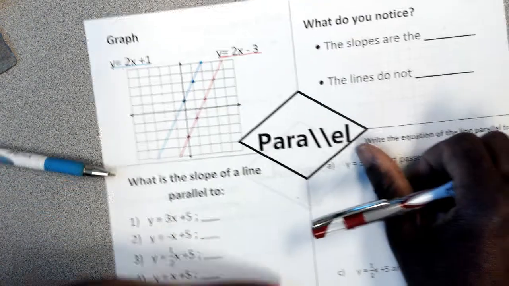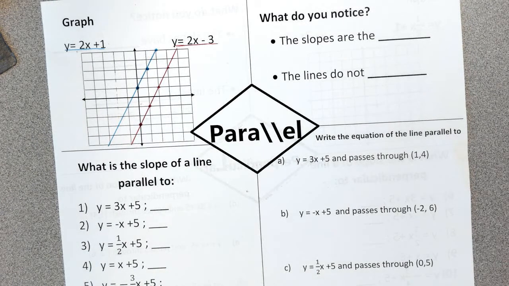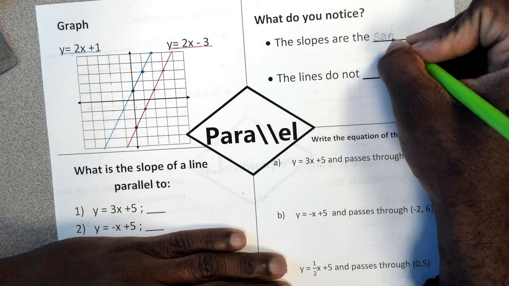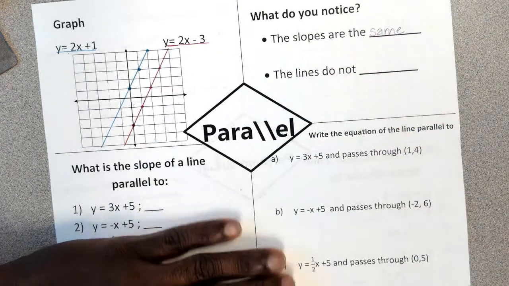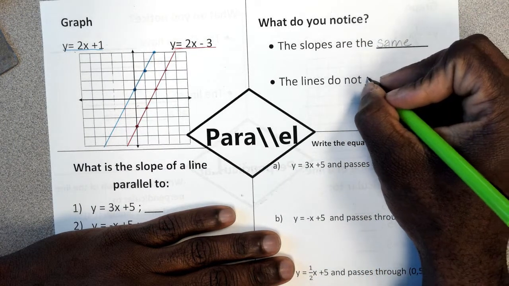Alright, this next part asks us, what do we notice? A couple things you should notice are, one, that our slopes are the same. They both have slopes of 2, and the lines do not cross, or let's say intersect.